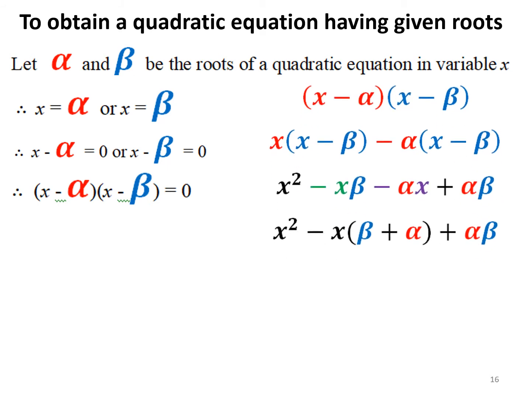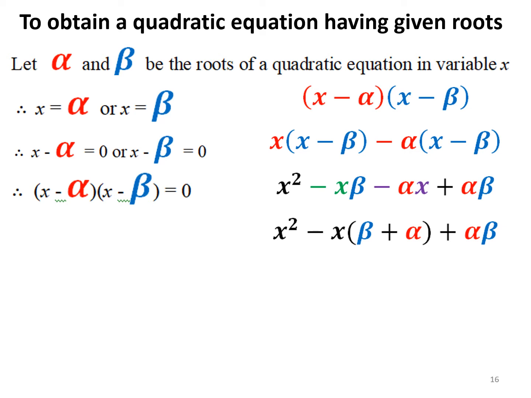x minus alpha into x minus beta, so I multiply the first x into the second bracket, that is x into x minus beta, minus alpha into x minus beta. x into x is nothing but x square. x into minus beta is equal to minus x beta, minus alpha into x is equal to minus alpha x, minus alpha into minus beta is plus alpha beta. x square will be written as it is, minus x beta and minus alpha x. x is common, so I take minus x outside.